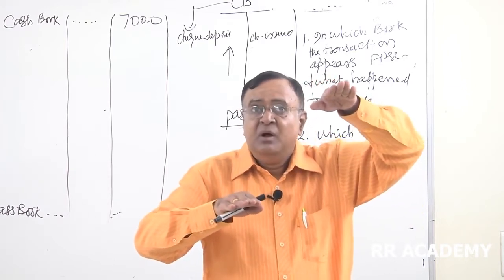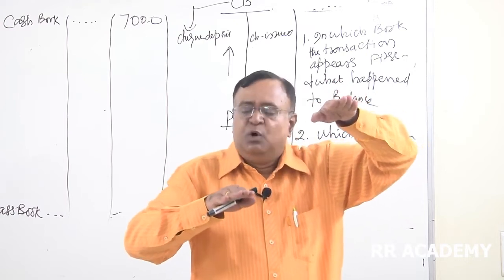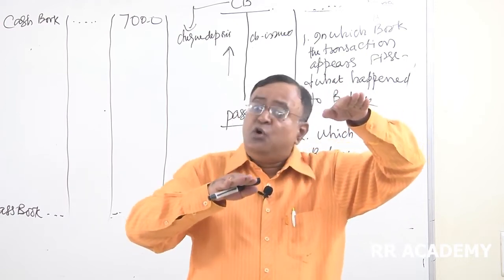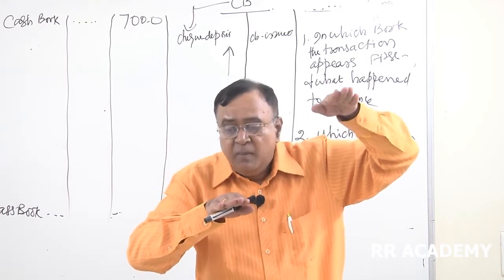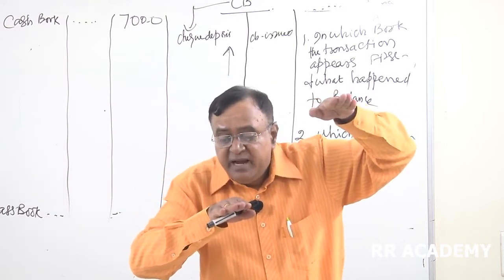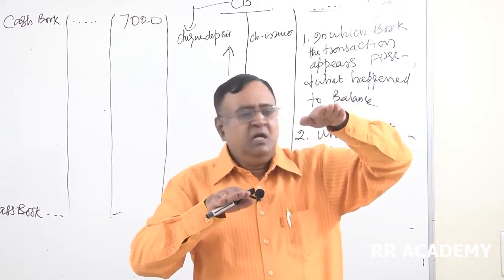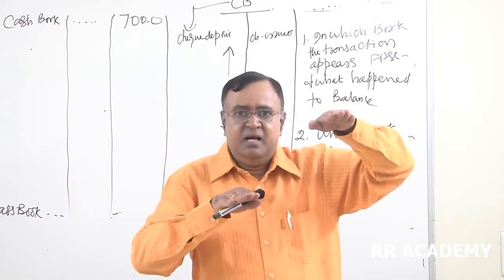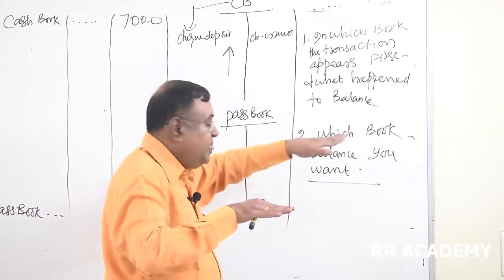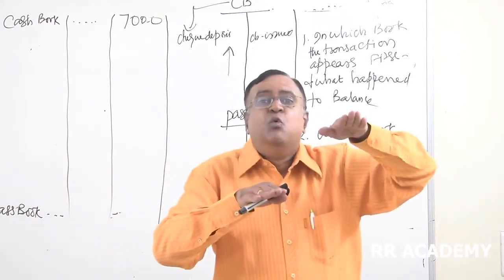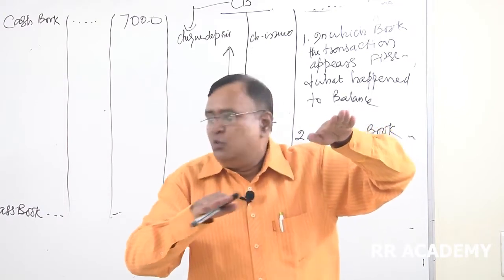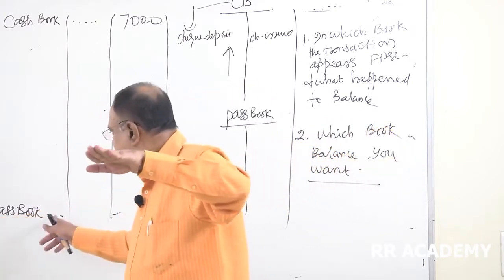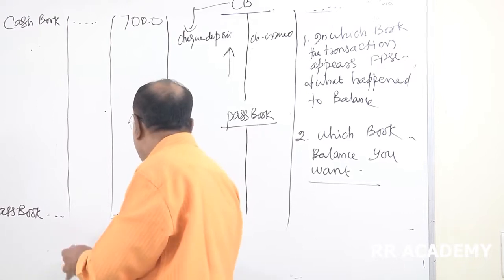Passbook same. Why? In the passbook, only after 4 days it will come. Therefore, the passbook balance will remain the same. This is the first question. Second question, which book balance do you want? Passbook balance you want.